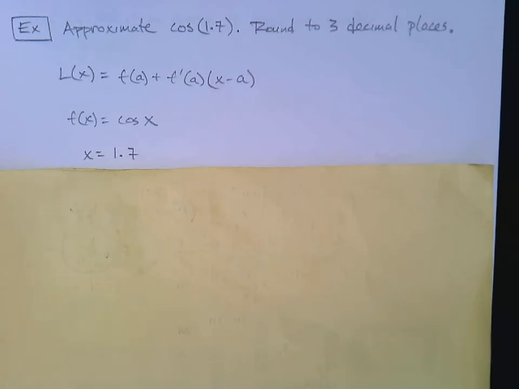Pi over 2, pi over 3, pi over 6, pi over 4, pi itself, right? Which of those is near 1.7? You think, well, it's not pi because pi is 3.14. Maybe pi over 2. And yes, that's it. That's as close as we can get with something that we know right away. So we're going to pick a as pi over 2.